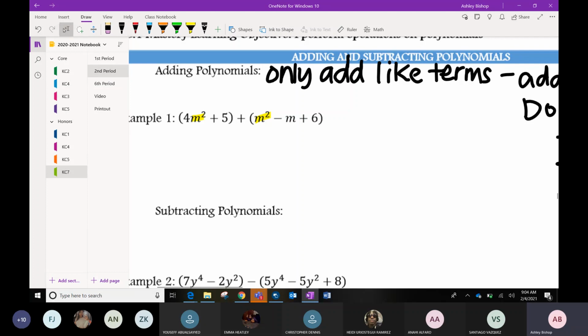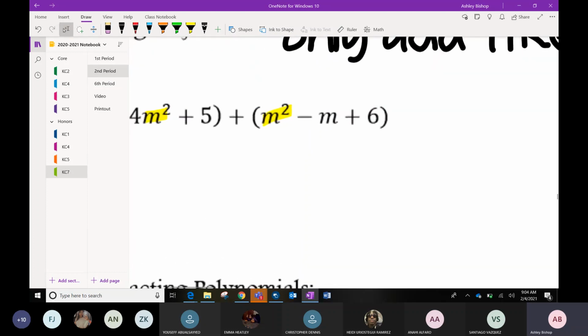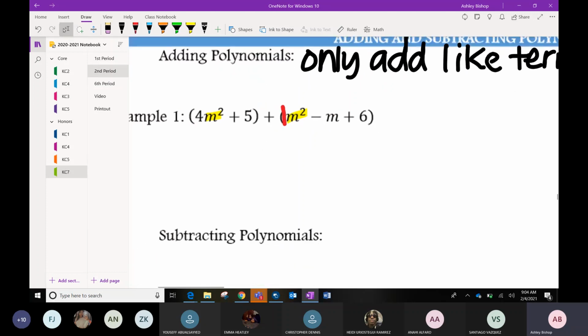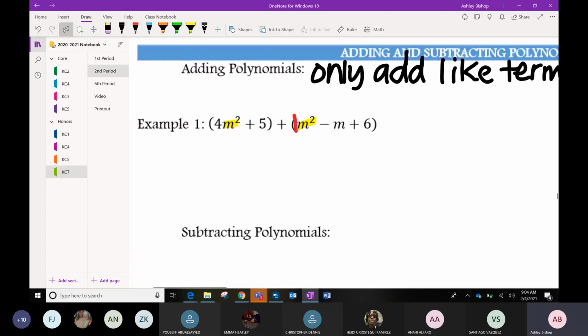Remember, if something doesn't have a coefficient, it has a coefficient of 1. So I can add these like terms. I add their coefficients. So 4 plus 1, which is equal to 5. And then m squared. I'm going to erase that m. So I add their coefficients and I do not touch their exponents.